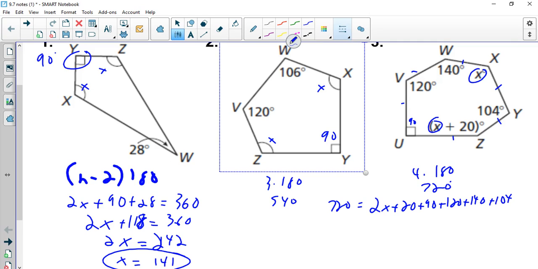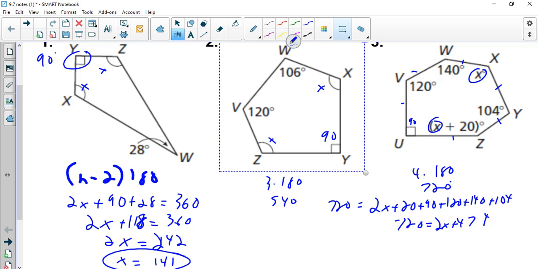It really makes no difference. So 90 plus 20 is 110, plus 120 is 230, plus 140 is 370, plus 104 is 474. So 720 is equal to 2x plus 474.